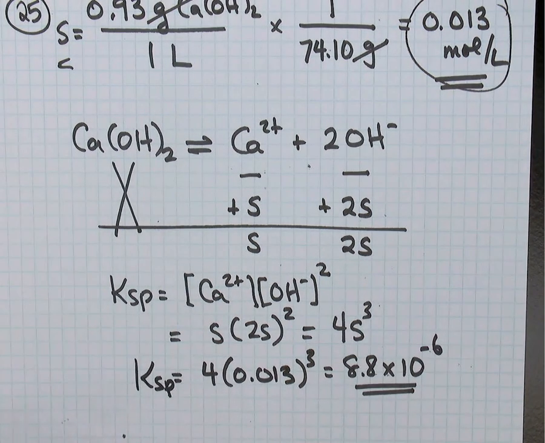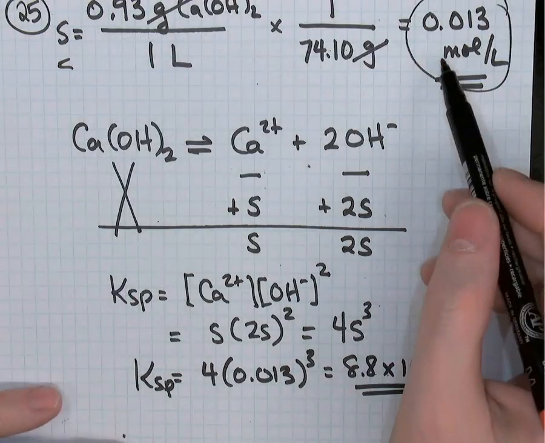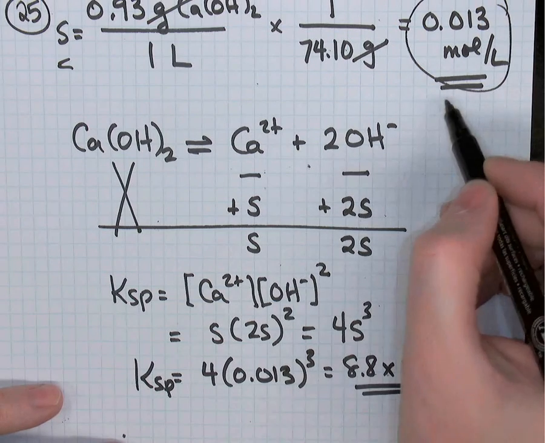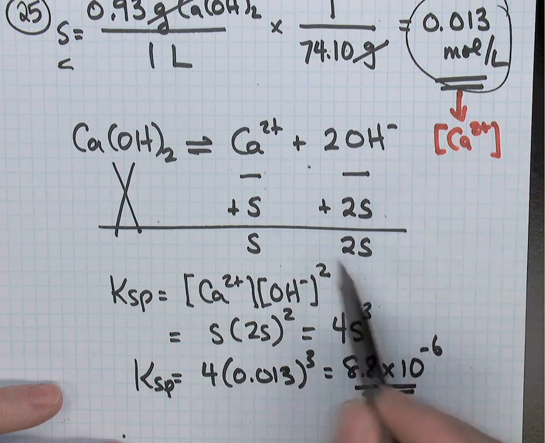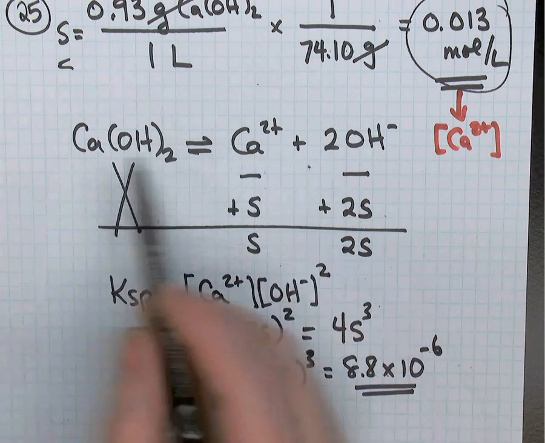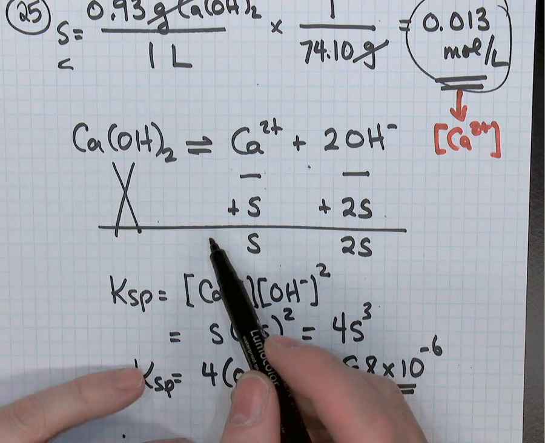Okay. Now there was another way you could have approached this. Let me just grab a pen here with a slightly different color. We knew that the solubility was 0.013, so that solubility would have to equal the concentration of calcium, because the calcium, as we know, is a 1-to-1 ratio with the calcium hydroxide.